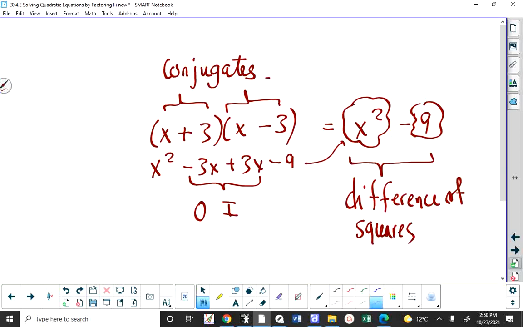So when you go from x plus 3 times x minus 3 to x squared minus 9, you're FOILing it out. You're simplifying it. But if you were to go from x squared minus 9 to x plus 3 times x minus 3, you would be factoring it.